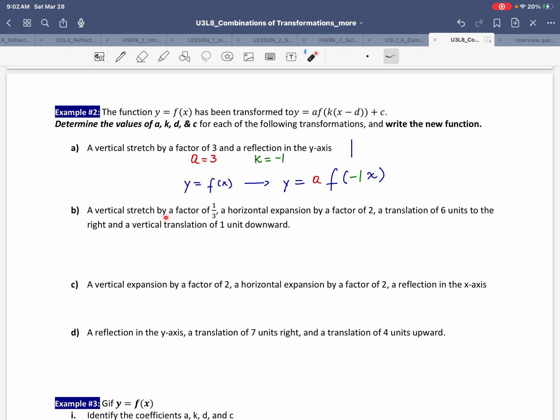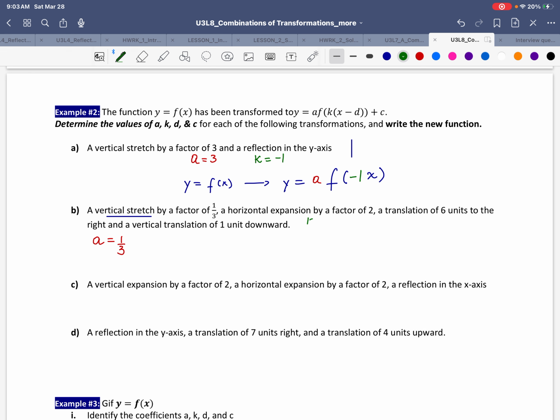Now, a vertical stretch by a factor of 1/3. If the vertical stretch is by a factor of 1/3, it means that the graph has become shorter. So that tells us that coefficient a is at work here, and it is equal to 1/3. A horizontal expansion by a factor of 2. So that means that k is working here.